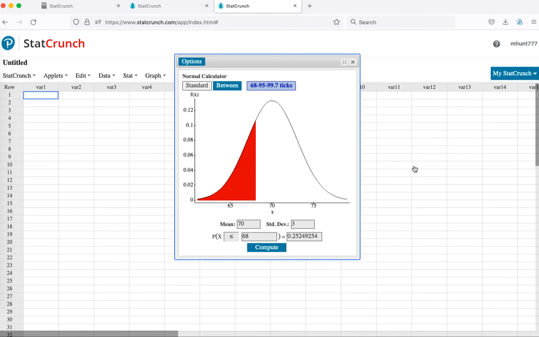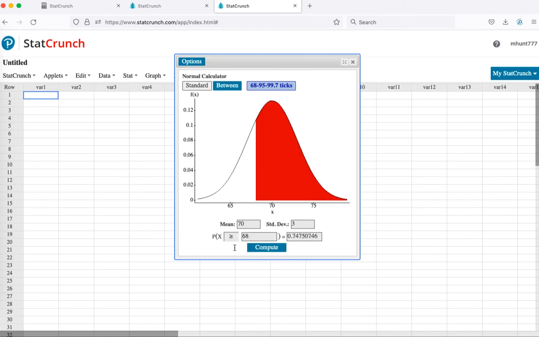Now we're going to change the question. We're going to change the question to say, okay, here's a percent, now you tell me the boundary values. For example, suppose we want to know the top percent of male heights. So instead of entering a boundary value, we're going to enter a percent. We want the top 10%, so we're going to change this to greater than, and we're going to enter the percent.